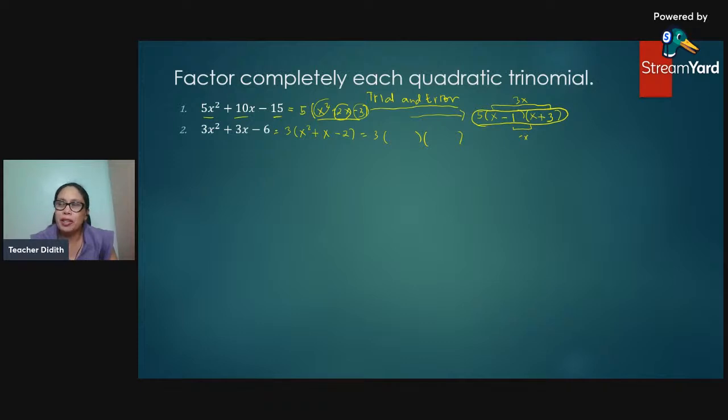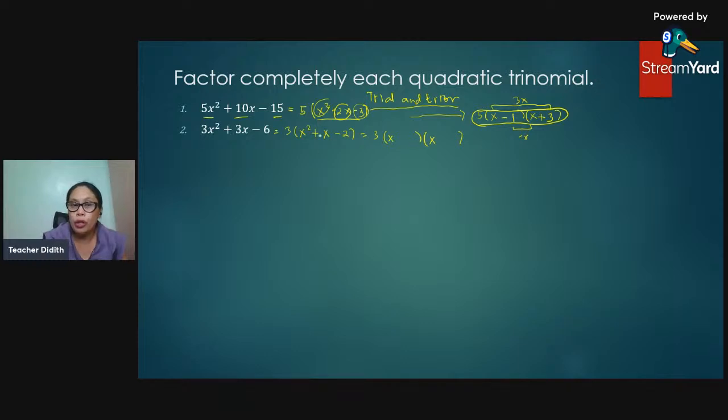I mean, we can easily work on the factors. In the case of number 2, we only have x and x for the factors of x squared. While for 2, it's either positive 1 and negative 2 or vice versa. I mean negative 1 and positive 2.